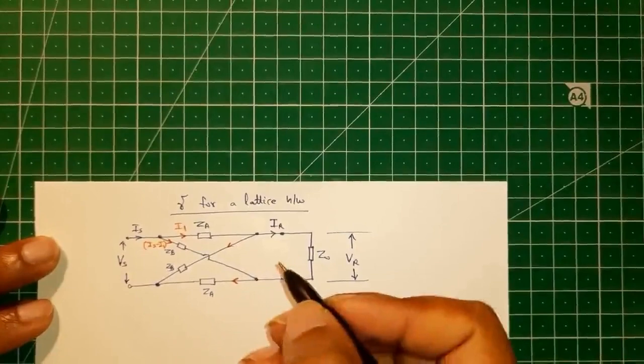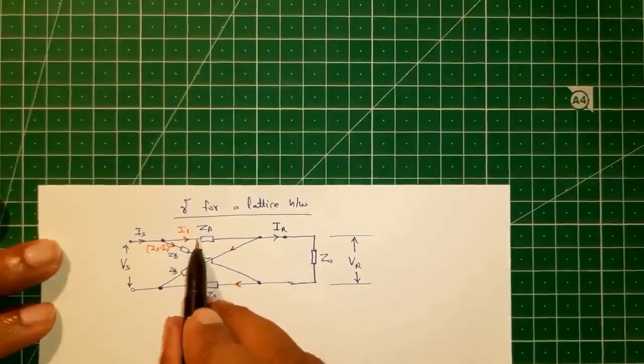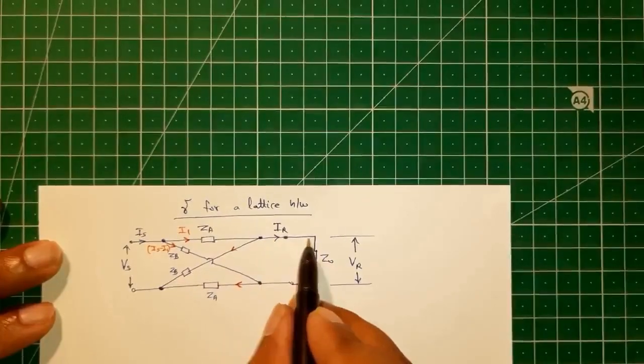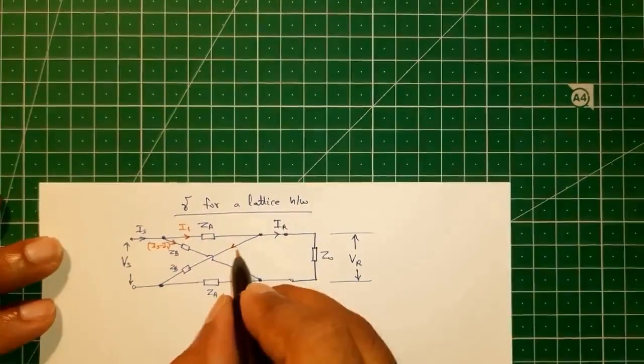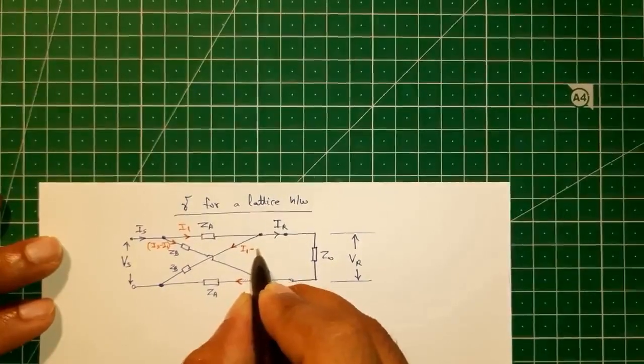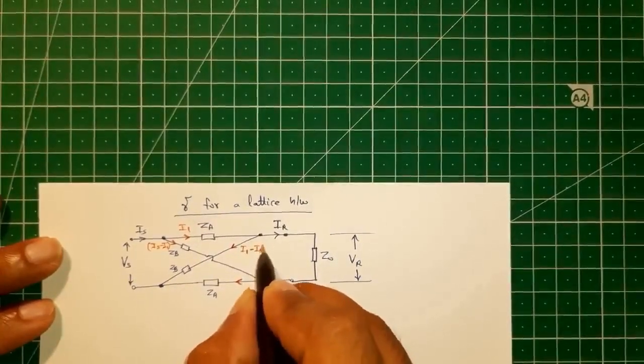Similarly here, I1 is the incoming current and IR is the outgoing current, so this current will be equal to I1 minus IR.